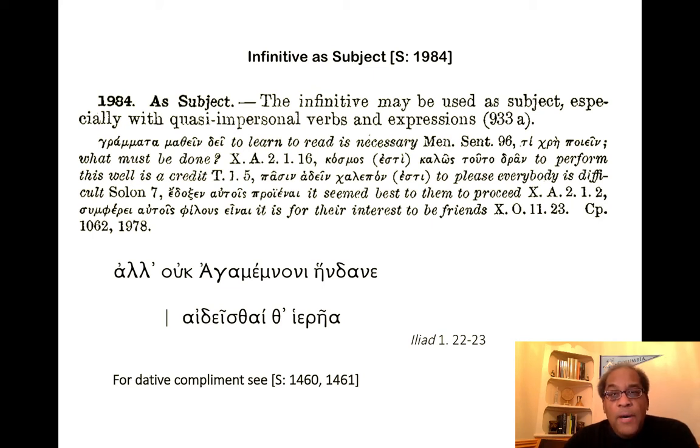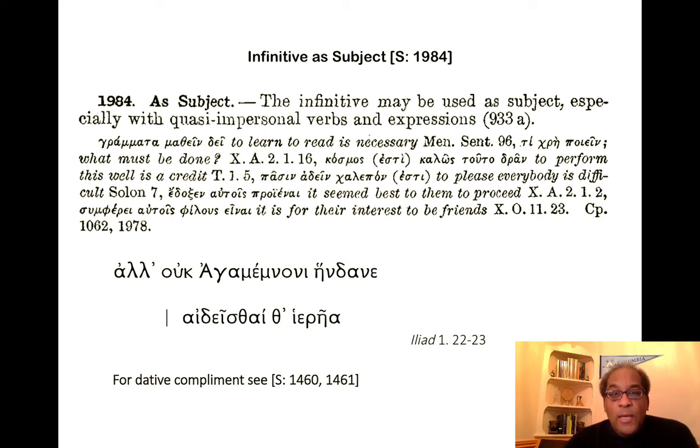Okay. But in the Iliad itself, we see this quasi-impersonal verb handane, it was pleasing, and we see it assuming the earlier subject of what was earlier the object of epeuphemesan, i.e. aidesthai hierea. We see it later as actually taking that as subject.